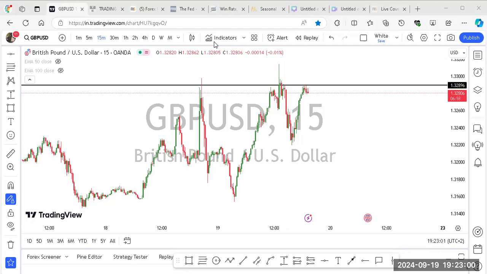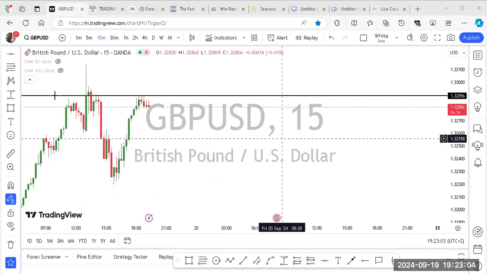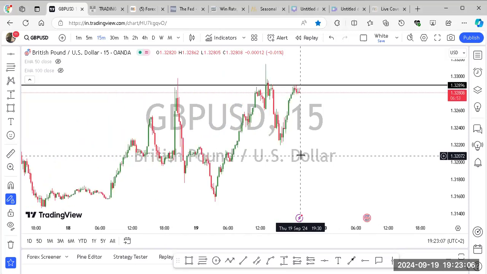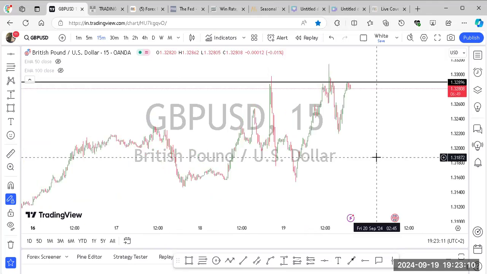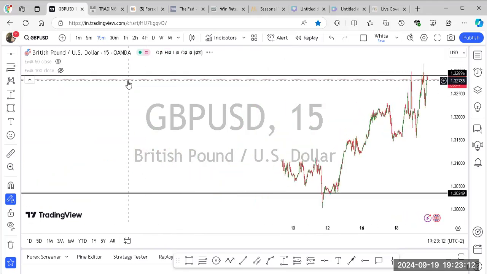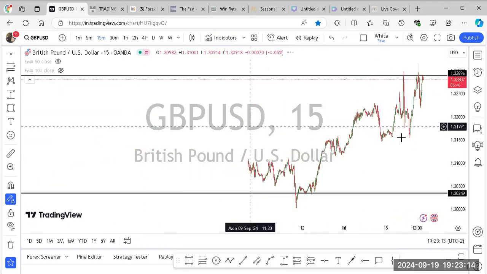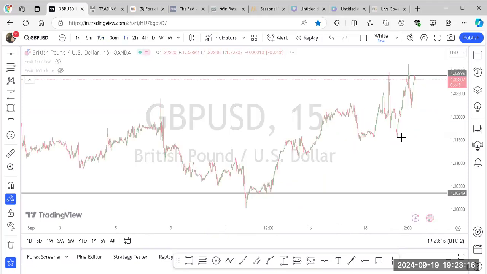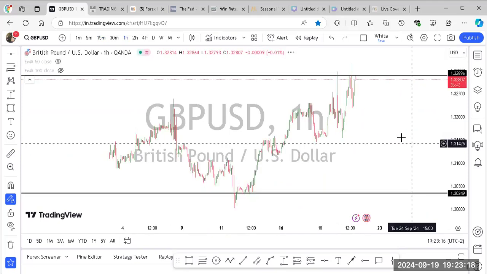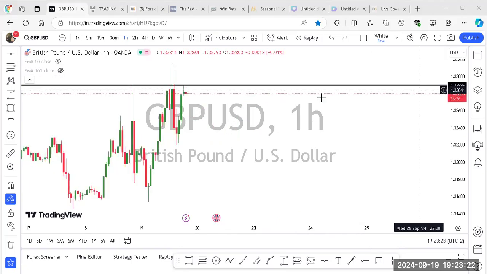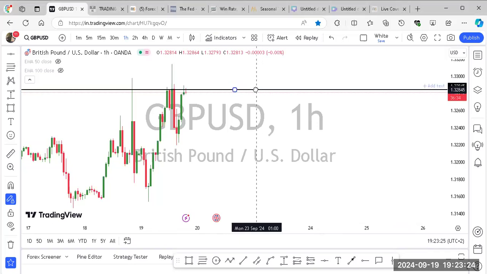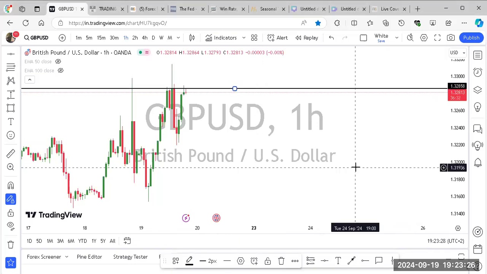I'll make an example. Let's zoom in on this picture here. Like I always say, your levels won't be an exact science, but we've got this price point. Let me put it on the 1 hour. It's definitely a significant level of resistance in this case. Now, let me adjust it ever so slightly to here.